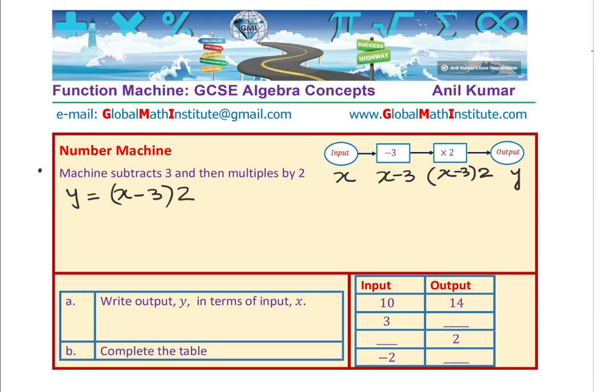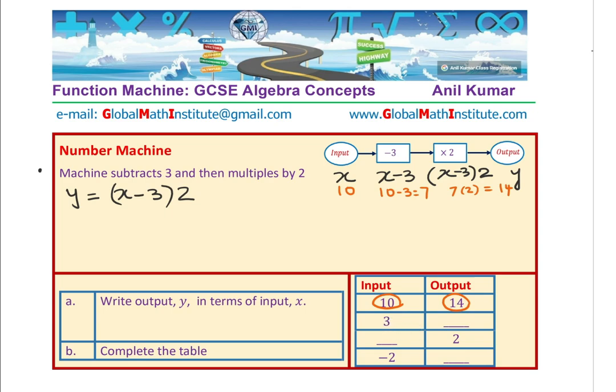So we are given that if 10 is the input, then 10 minus 3 will be what? Will be 7, correct? And then we multiply 7 by 2 and we get 14. So that is what is given to us here. If 10 is the input, 14 is the output. Perfect. Now you perform the same when 3 is the input.